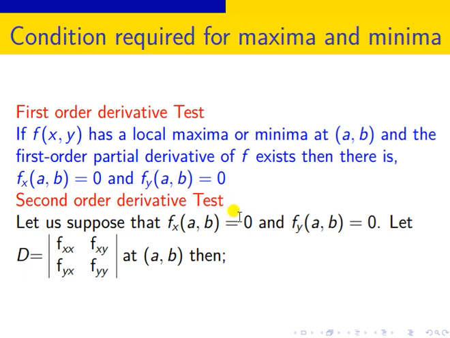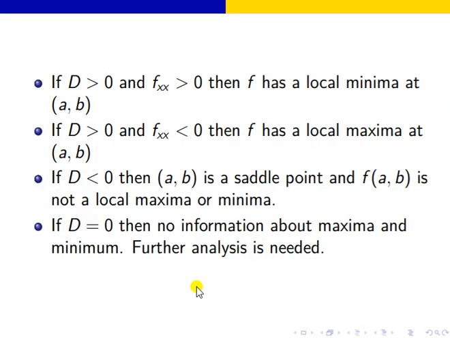Second is the second order derivative test. In this case, we find the value of D, where f x x means the second partial derivative with respect to x, similarly f y y means the partial derivative with respect to y two times, and similarly the others.